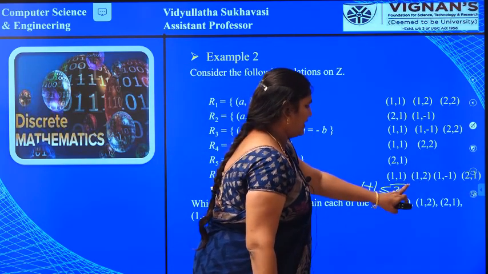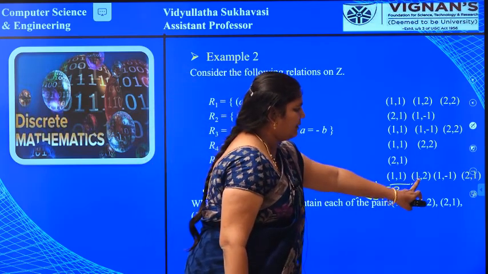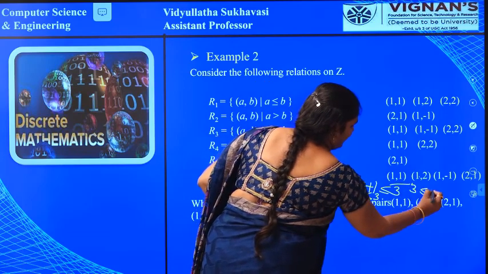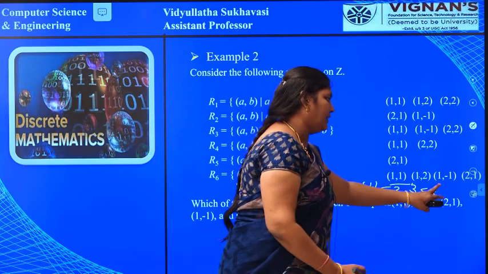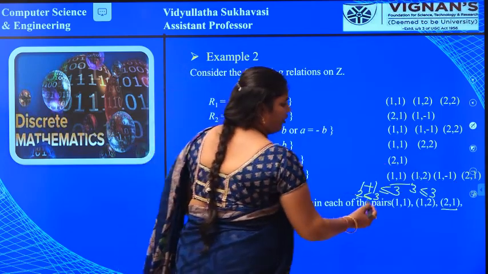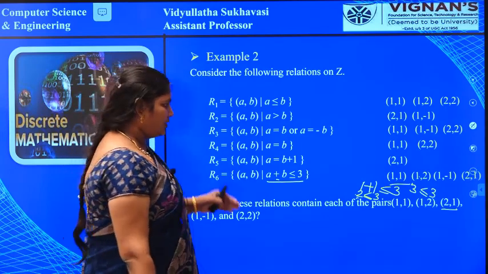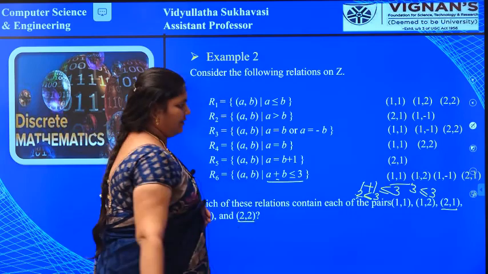Next 1 comma 2, that is A plus B we are doing, 1 plus 2. 1 plus 2 is 3, less than or equal to 3. So the condition is satisfied, and that ordered pair is coming. In the same way these two. So what are the ordered pairs which we are not getting in the relation R6? Those are 2 comma 2 only.